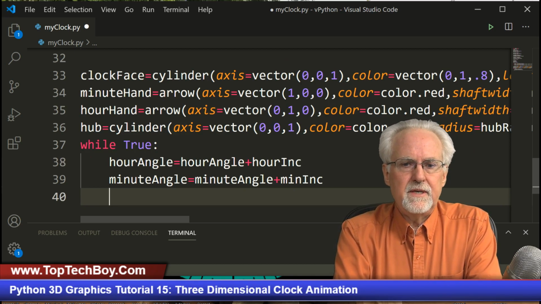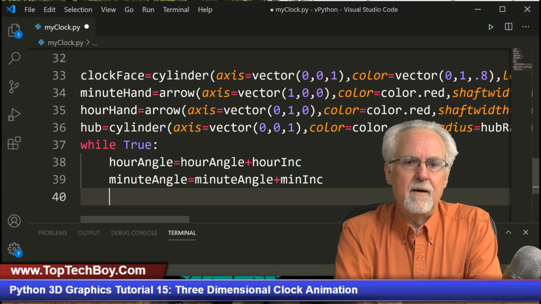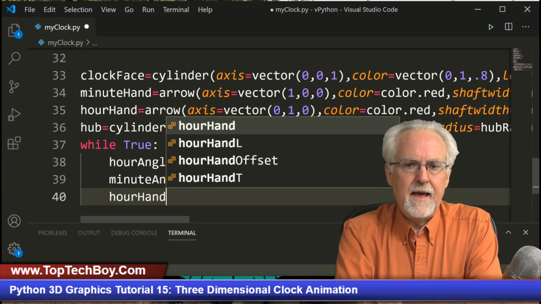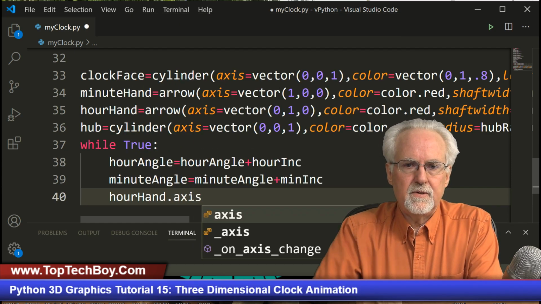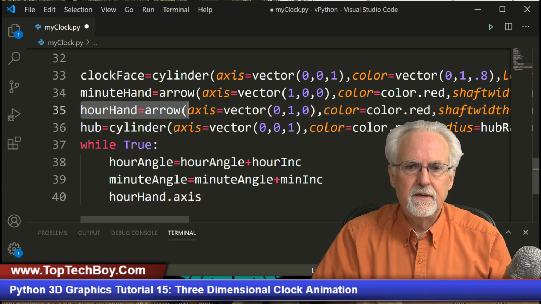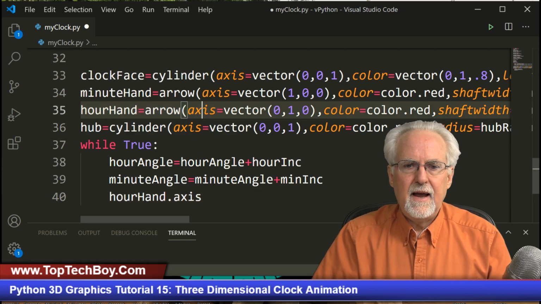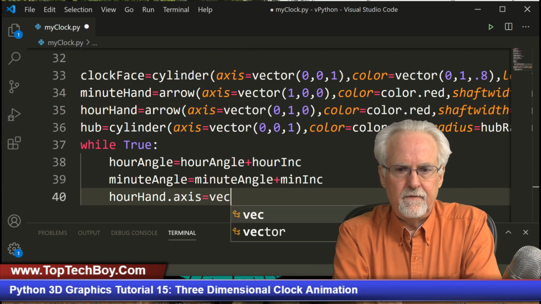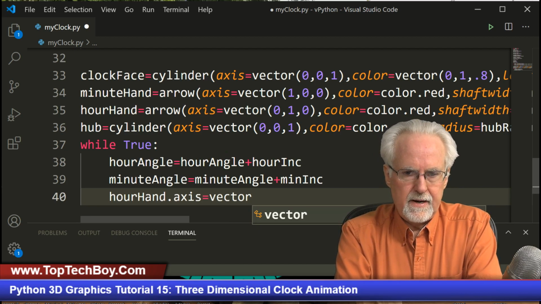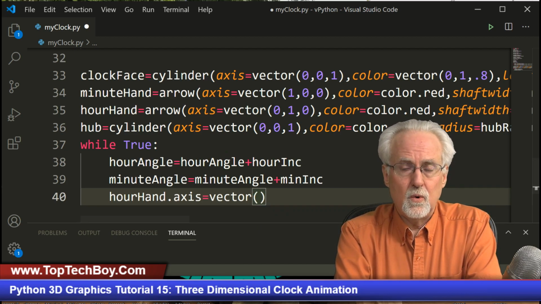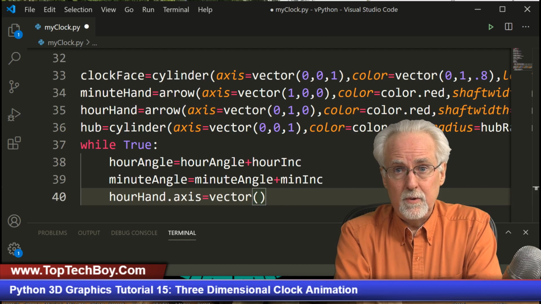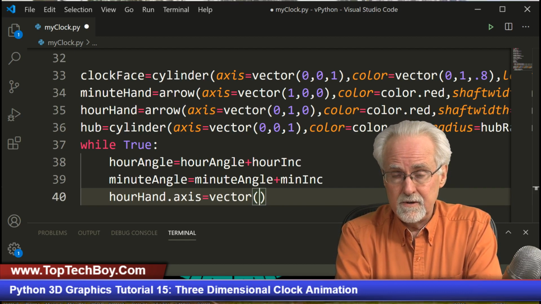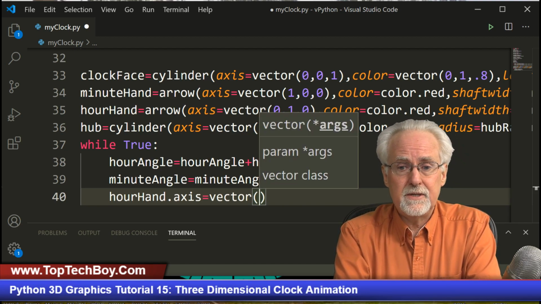So now what is it that I actually want to change? I want to change the hour hand dot axis, right? So this is our object, the hour hand, and I want to change this axis, which is where it is going to be pointing, and that is going to be vector is equal to vector. And do you remember who our friends are? It's Mr. Cosine and Mr. Sine. And if you don't understand this, you need to go back like 2 lessons ago.